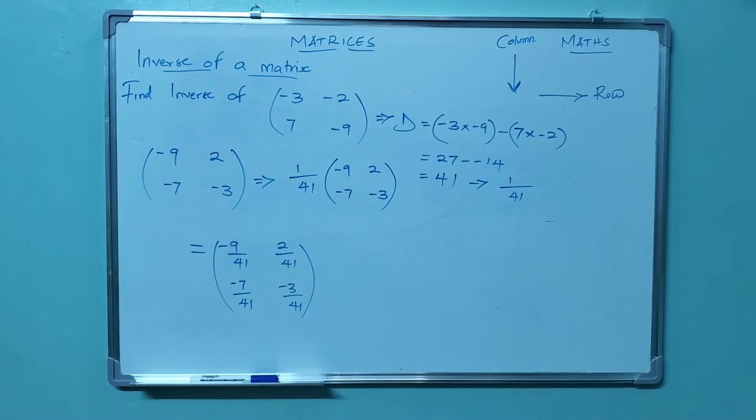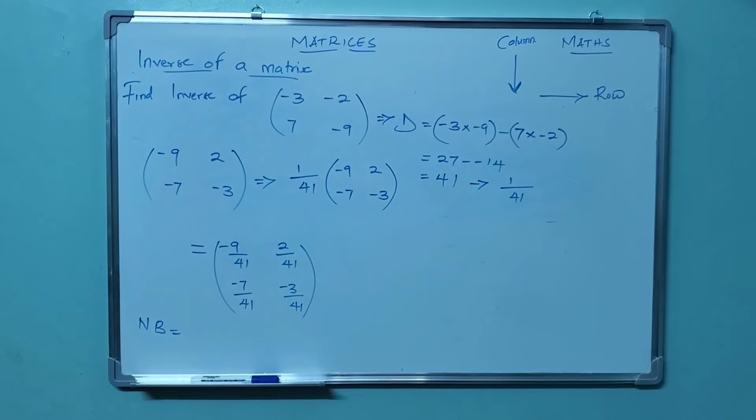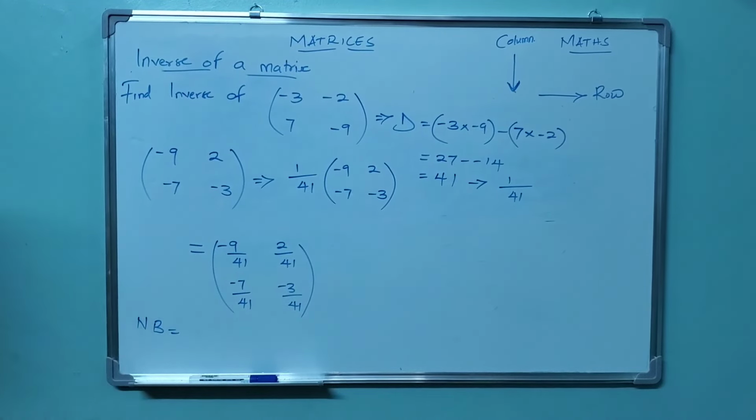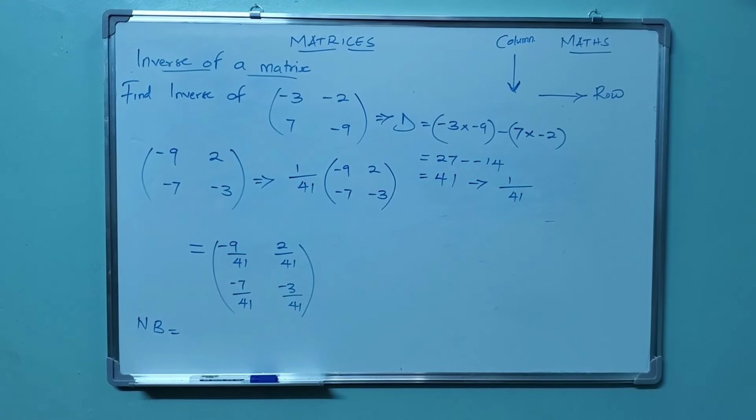Now, an NB. Sometimes you can find that you've been given a matrix and you realize that the determinant is 0. When the determinant is 0, we talk about that matrix not having an inverse.